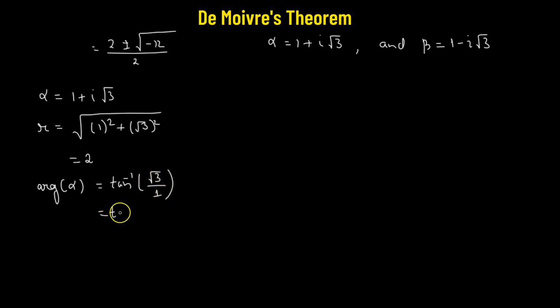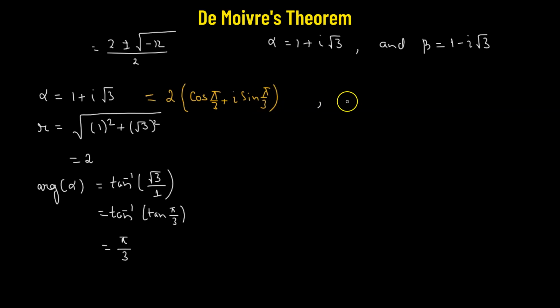So this is tan inverse of the square root of 3, and we know that tangent of pi over 3 has the value square root of 3, so this equals pi over 3. Hence we can express alpha as 2 multiplied by cosine of pi over 3 plus iota times sine of pi over 3.